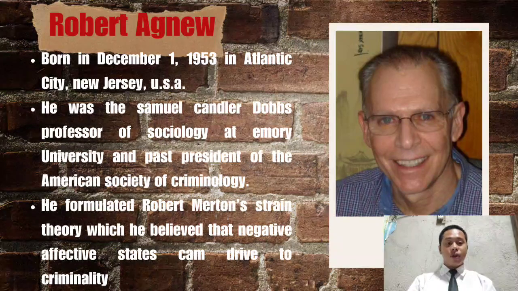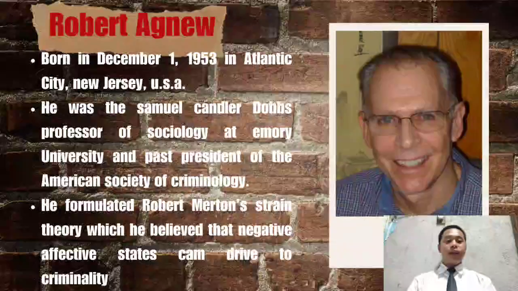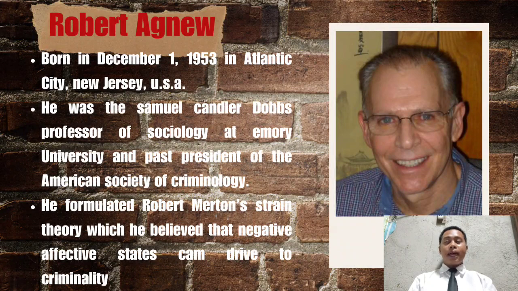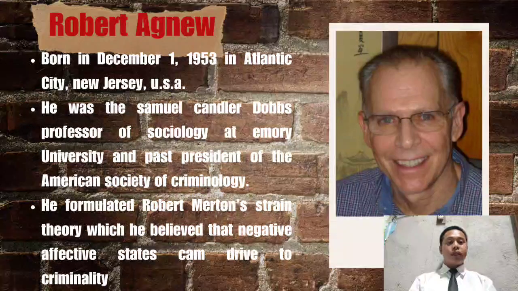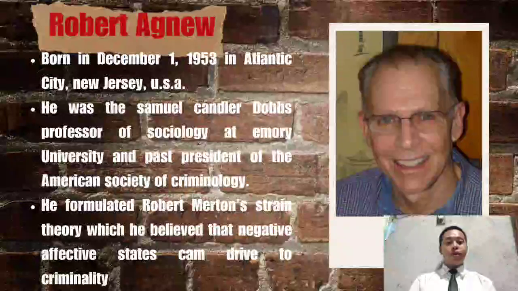He built on Robert Merton's strain theory, believing that negative affective states can drive criminality. This general strain theory of Robert Agnew is the updated and broader version of Merton's strain theory.